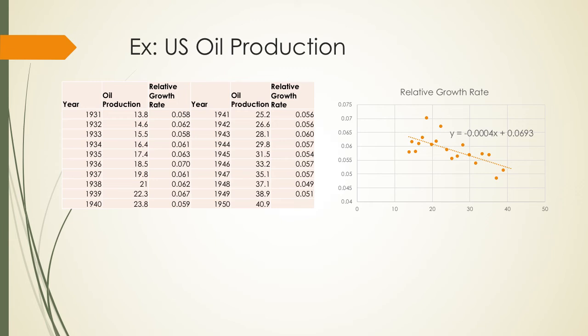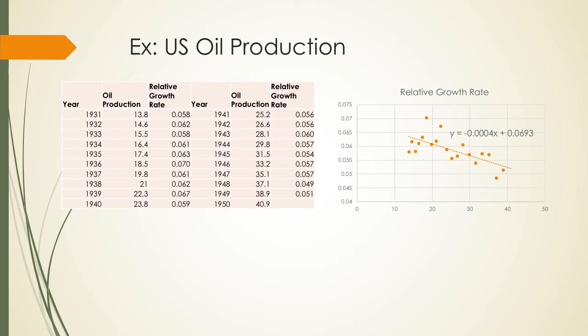The plot shows the relative growth rate plotted against the total oil production to date. Note that the relative growth rate is decreasing over time, following a roughly linear path. In other words, a logistic model makes sense in this scenario. I've included the trend line on the plot along with its equation.